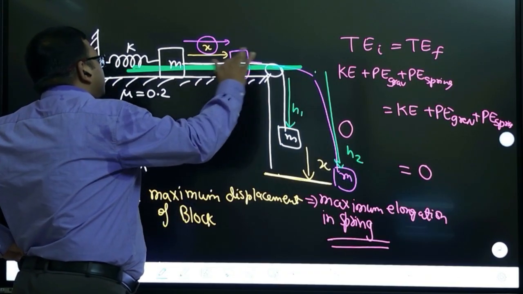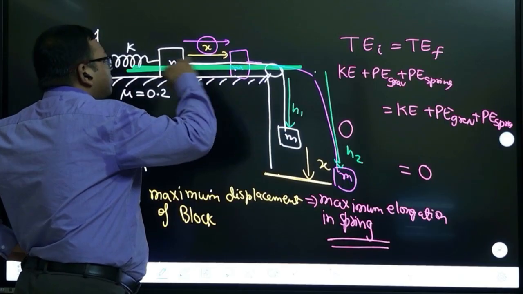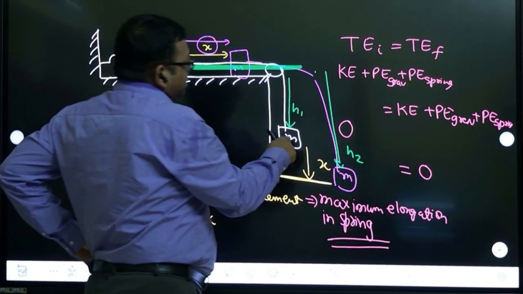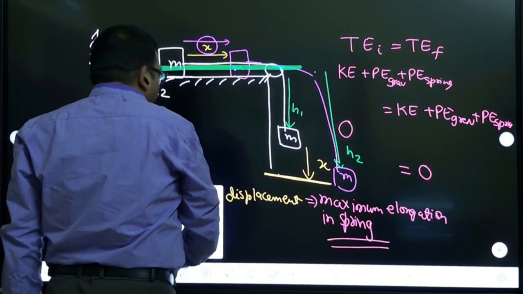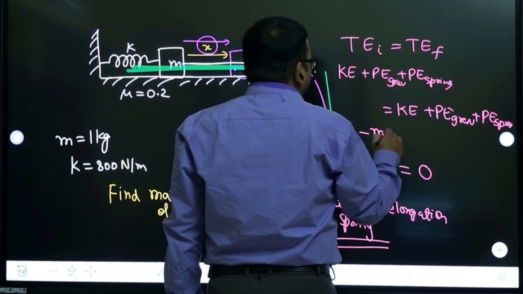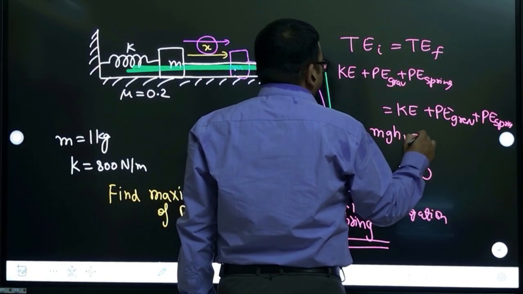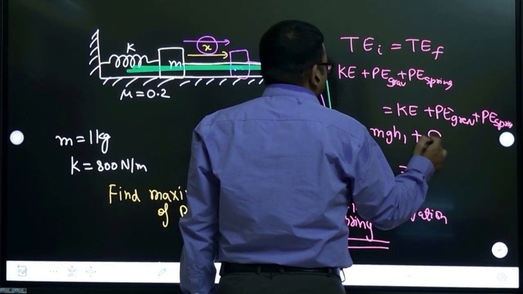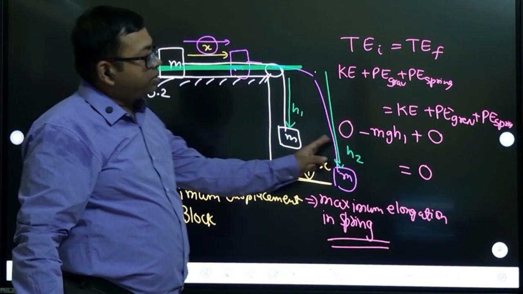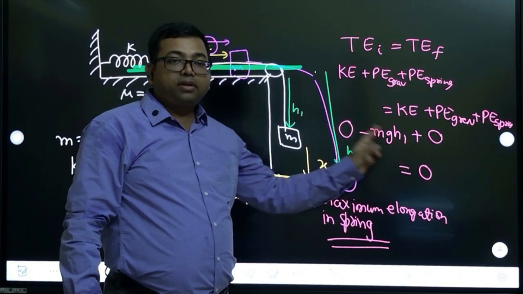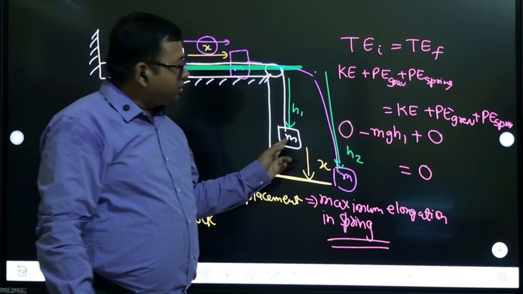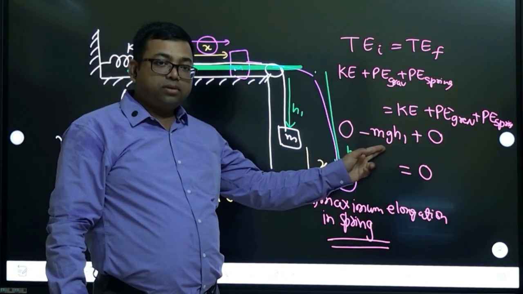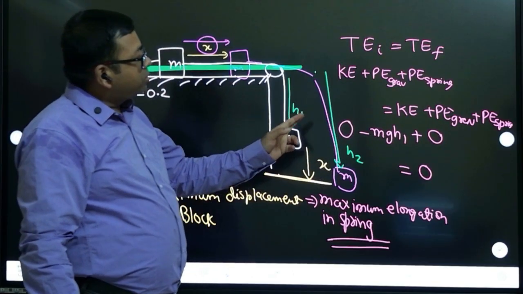This one is 0 because it is at the reference level, but this one is minus mgh1. And the spring has no energy initially, so spring energy is 0. So this is the total energy of this system, right? No kinetic energy, gravitational energy only in the lower block, minus mgh1, and no spring energy.